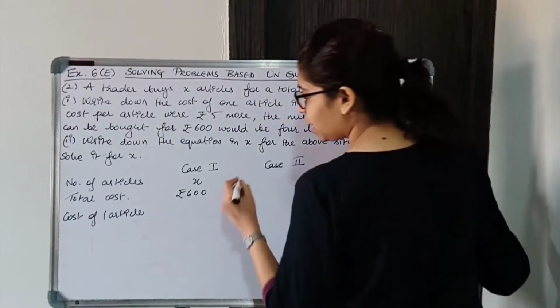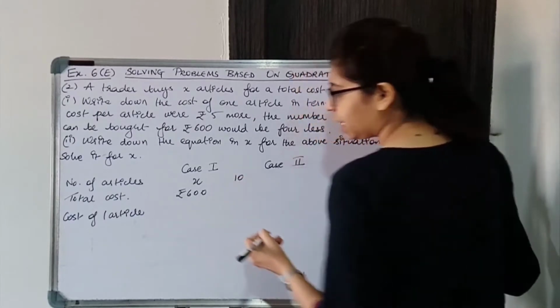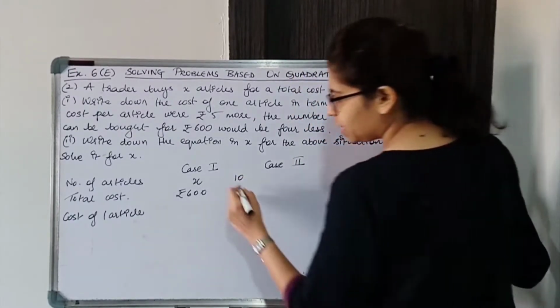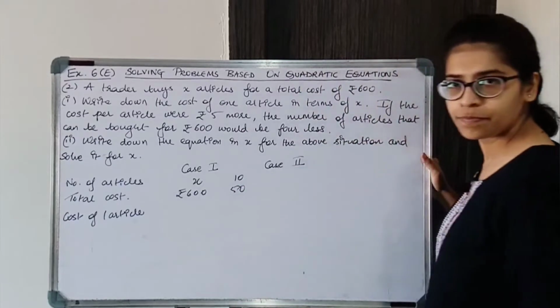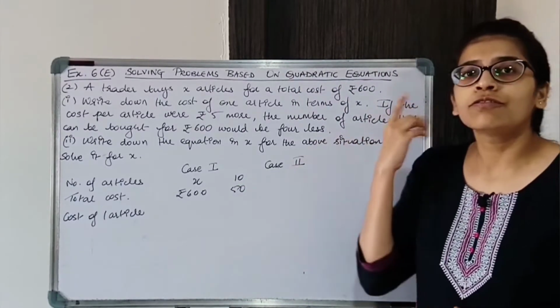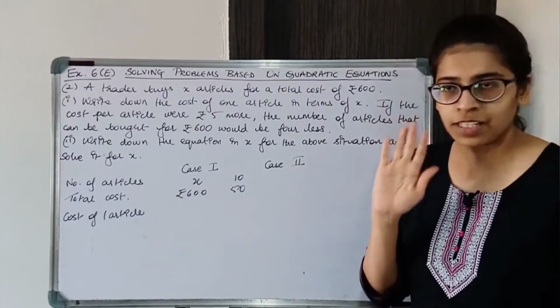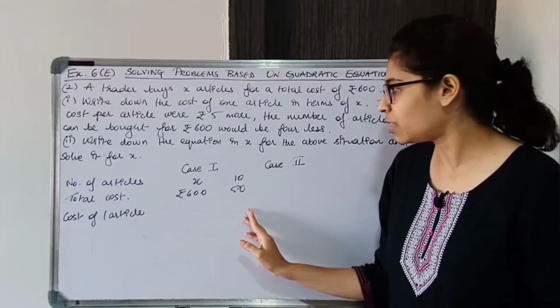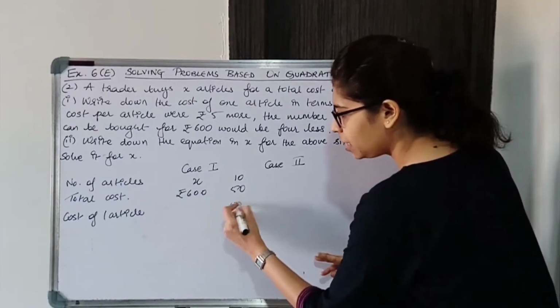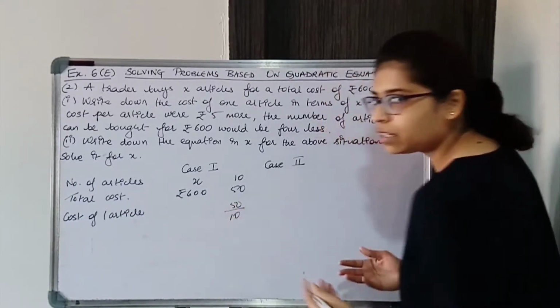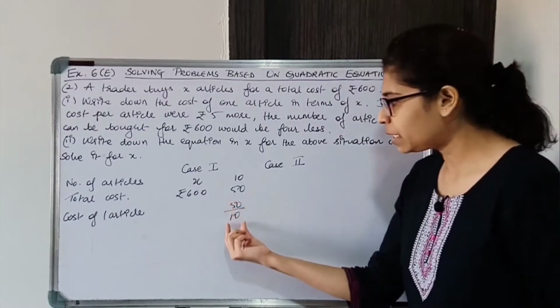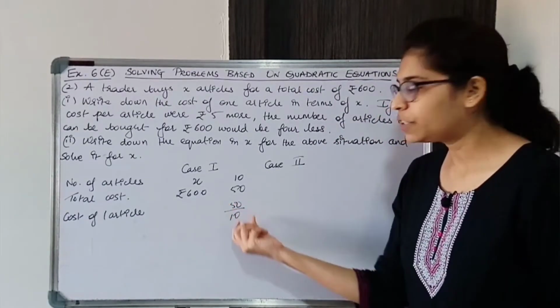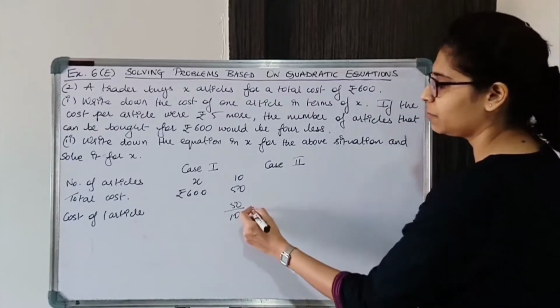Now let's say I am buying 10 articles for rupees 50. So what will be the cost of one article? Very simple. Cost of one article क्या हो जाएगा? It will be 50 divided by 10. 50 rupees में मैंने 10 articles लिया. So that will give me 5.